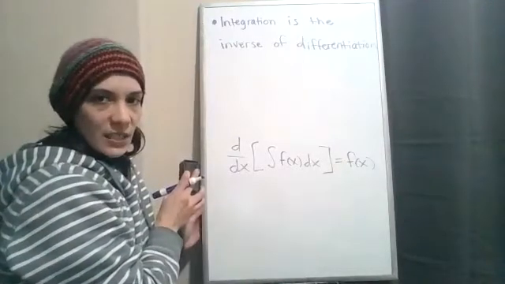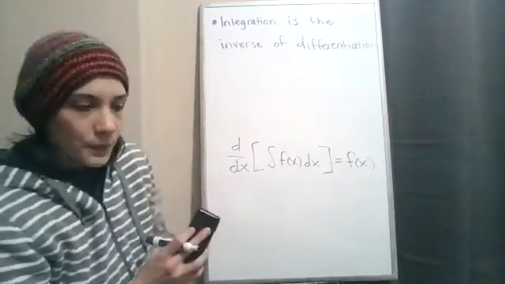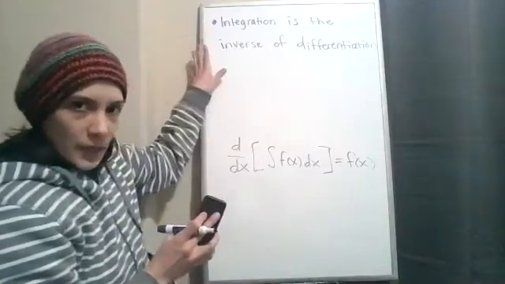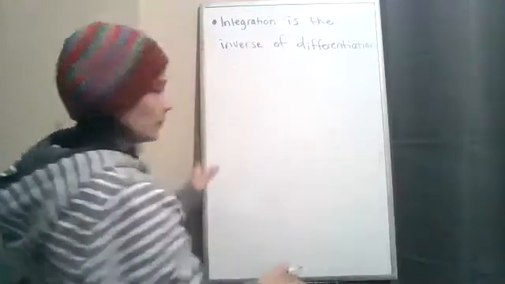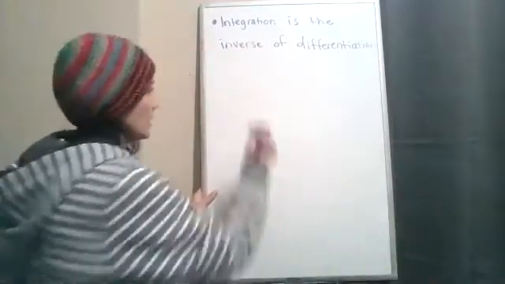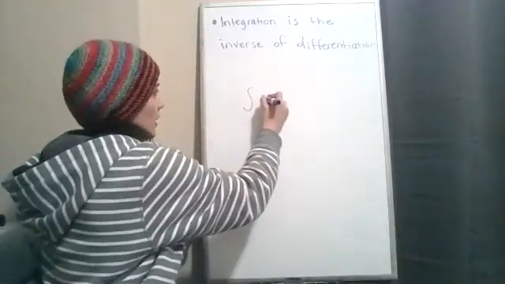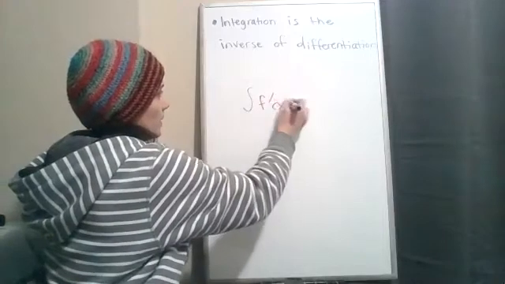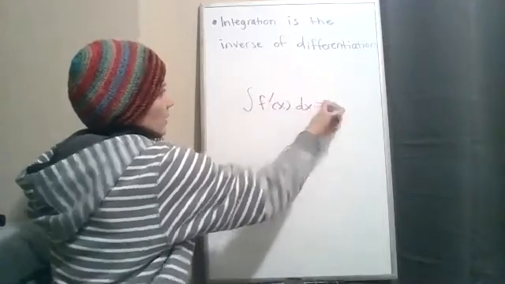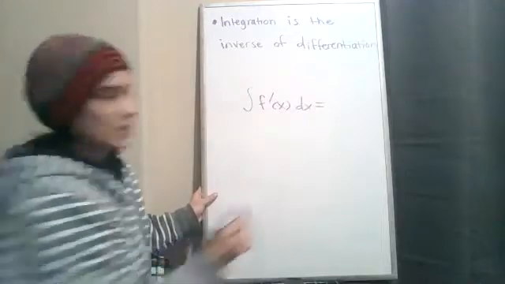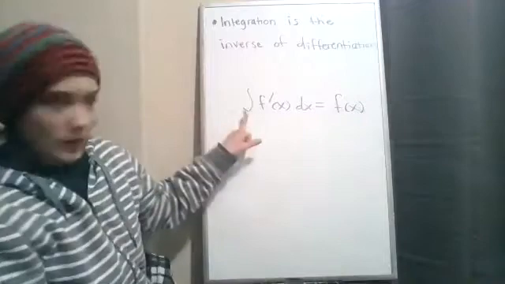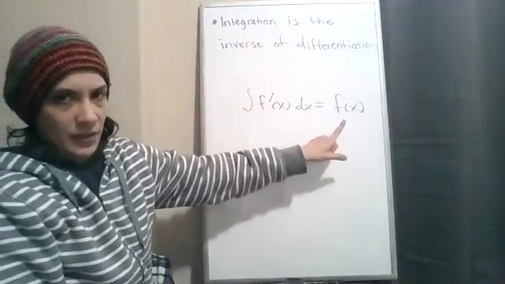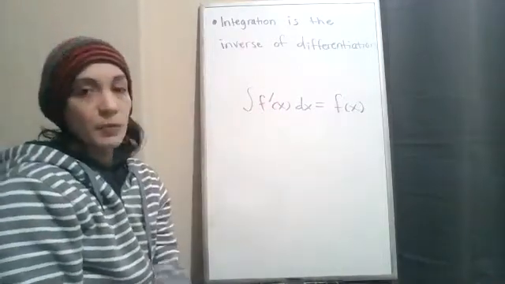Okay, how we'll write this part is: if we do the integral of f prime of x with respect to x, you get f of x. So the integral of the derivative will leave the function plus c.